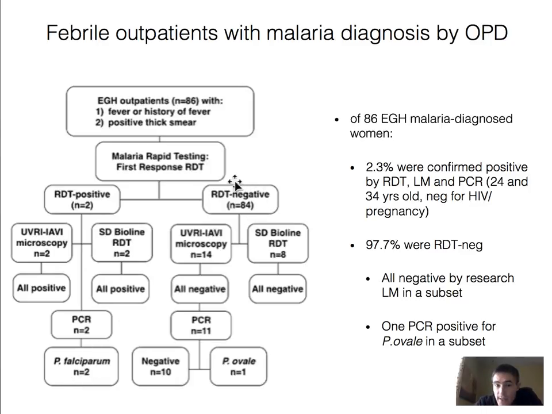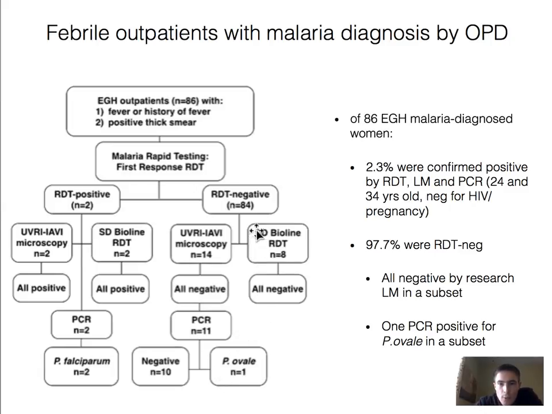The remaining 84 women that were RDT negative were not confirmed by research microscopy, and only 1 of them actually was positive for Plasmodium DNA by PCR, and this person was infected with Plasmodium ovale according to the PCR result.